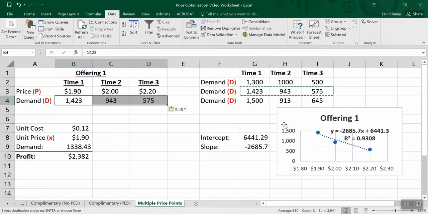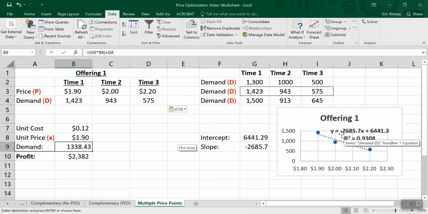All right. So one of the things here is that my demand over here is this intercept and this slope that's already here. I have that demand curve already over here, so it's this exact y equals negative 2,685.7 times the price, which is $1.90, plus this 6,441.3.